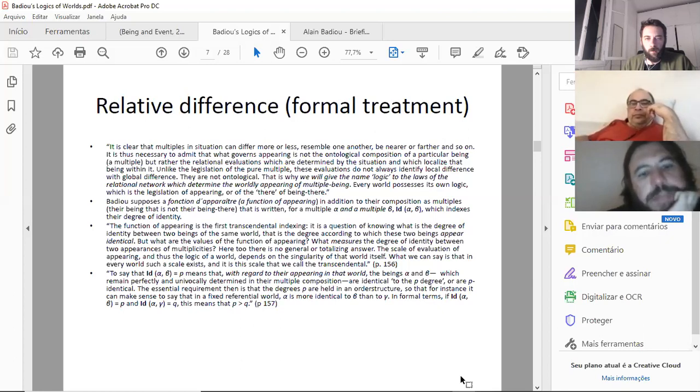Not sure, maybe they're equivalent in a sense. Yeah, I think up to here they are a bit equivalent, because what we had in mind is the fact that the world is not something that is there and then you get multiples in it, but the world consists through the multiples that are in it, in a sense.